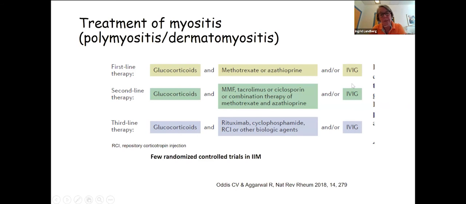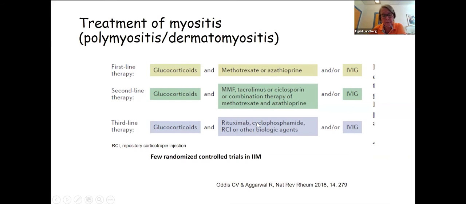But in general, patients with polymyositis and dermatomyositis are recommended to start treatment with glucocorticoids in combination with methotrexate or azathioprine. And if the patient does not improve or doesn't tolerate it, then the second-line treatment would be to change to mycophenolate mofetil, a calcineurin inhibitor like tacrolimus or cyclosporine, or combine methotrexate and azathioprine.